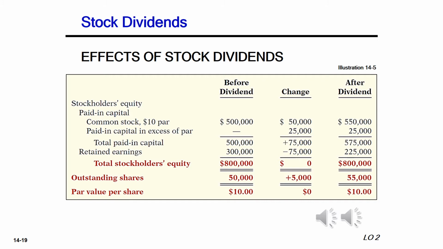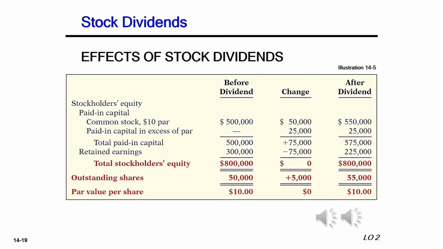The initial position, as we mentioned before, is 500,000 because we have 50,000 shares at $10. And then we don't have any paid in capital in excess of par. So the total paid in capital is going to be 500,000. And here they are giving us that the retained earnings for this company is $300,000. So the total stockholders' equity in this scenario is 800,000. And the total number of outstanding shares is 50,000, as we mentioned, at a par value per share of $10.